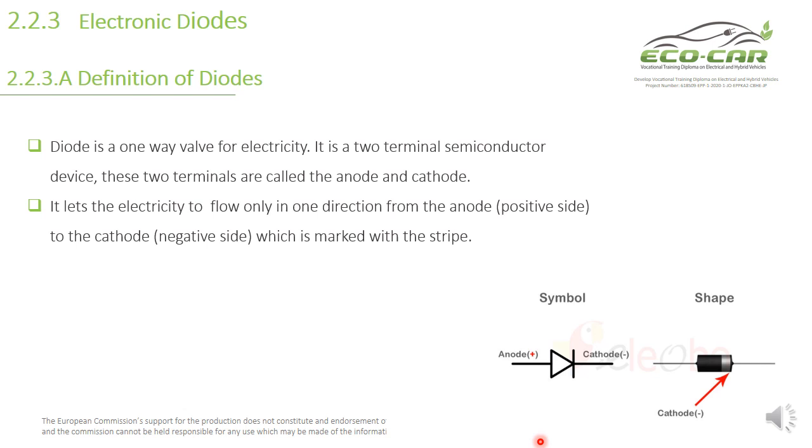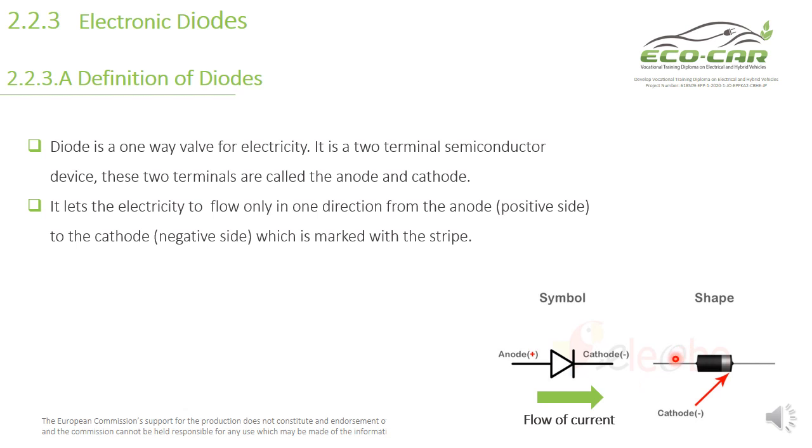So these diodes let the electricity flow only in one direction, from this side to this side, from the anode to the cathode. This is the direction of flow of current, from the anode to the cathode.